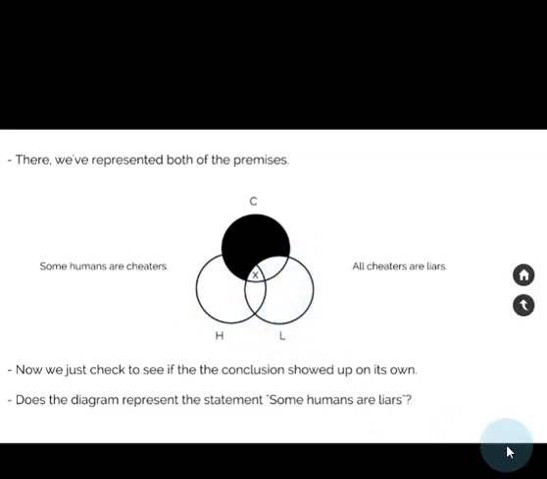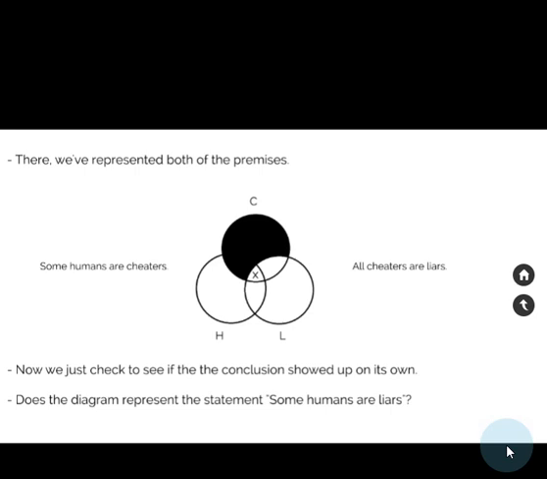Good. And so now you see what logical entailment means. It means that if you've represented both of the premises as being true, then the conclusion is being represented as being true as well, automatically. It was the same for propositional logic. It's just nice to have a visual of that, right? Look, what did we do? Did we ever write down the conclusion in symbolic form?